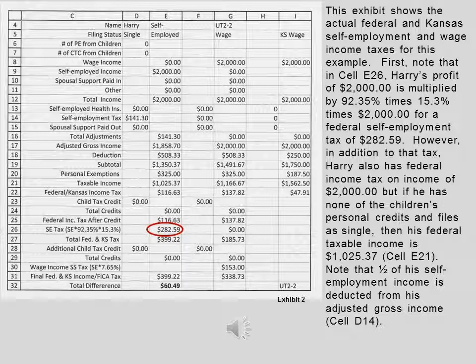However, in addition to that tax, Harry also has federal income tax on income of $2,000, but if he has none of the children's personal credits and files as single, then his federal taxable income is $1,025.37, cell E21. Note that half of his self-employment income is deducted from his adjusted gross income, cell D14.